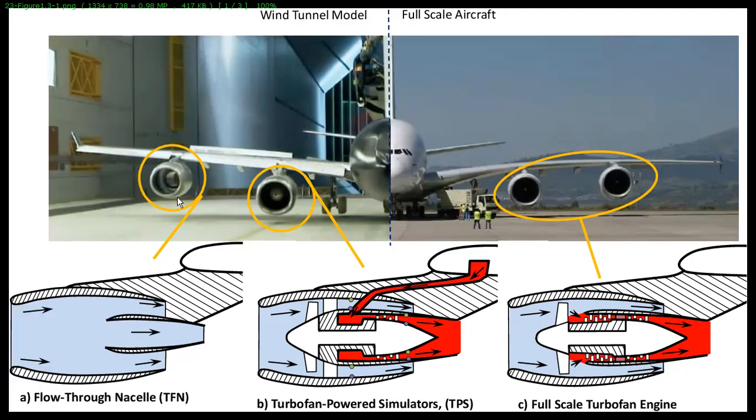And this circular channel is also important, because this part of the aircraft affects the lift and drag of the wing, and it also affects the pitching moment. For example, did you hear about the Boeing 737 MAX incidents in Indonesia and Ethiopia?